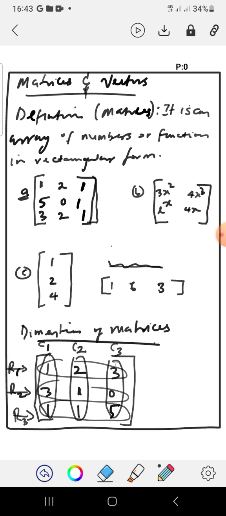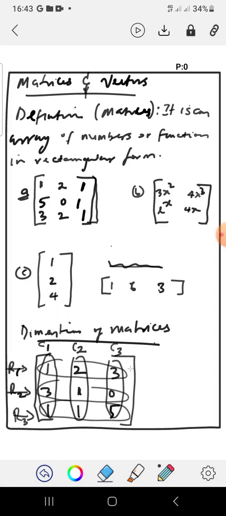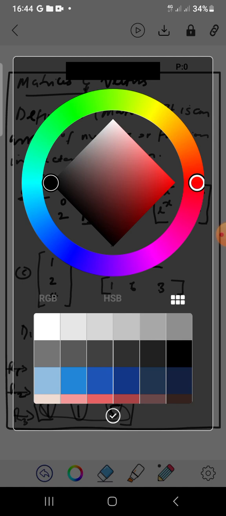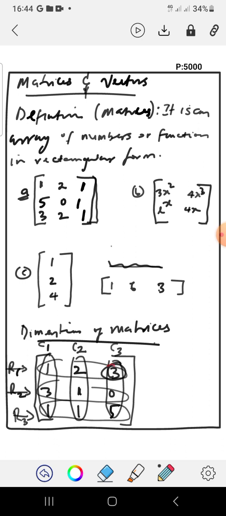So the way matrices are described, if you look at this, 3 is on row 1 and column 3.